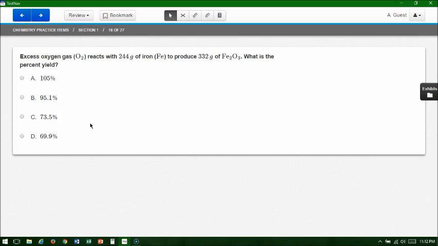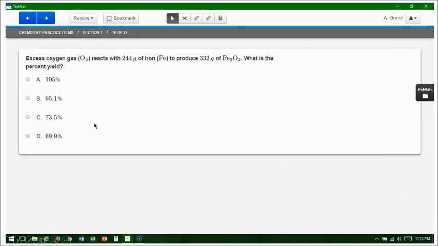Then, we need to convert 244 grams of iron into grams of Fe2O3, the product. And then finally, we need to take 332 grams, which is the actual yield, and divide that by the theoretical yield, and times 100. So first we're going to write a balanced chemical equation.